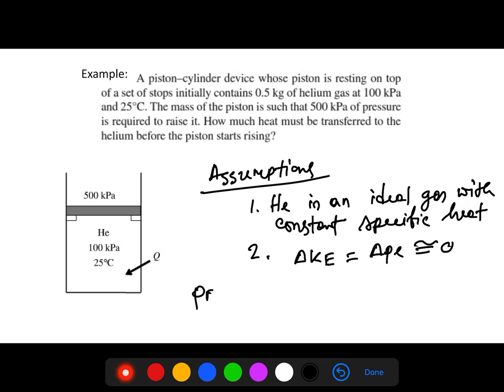Now if we write down the properties based on our assumption, we said the helium has constant specific heat.